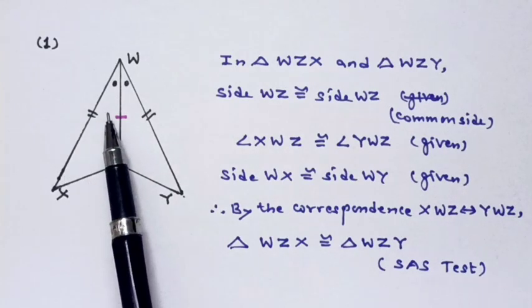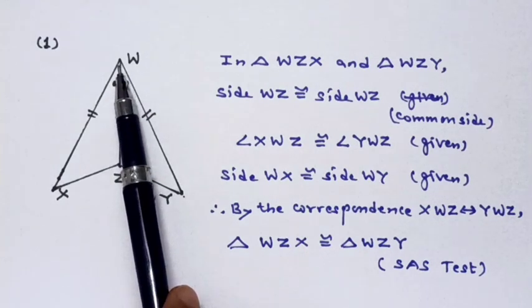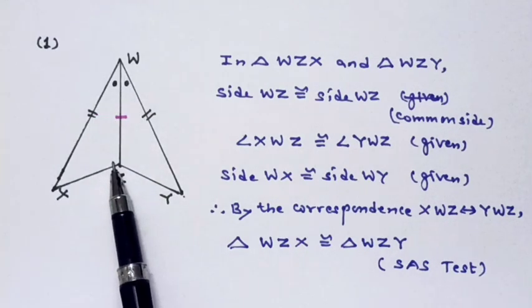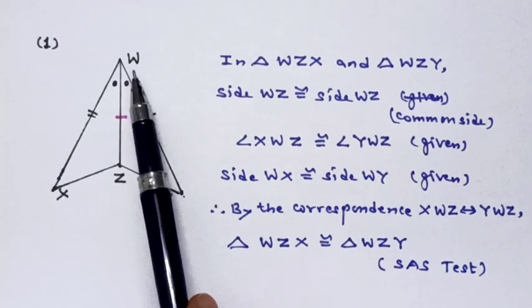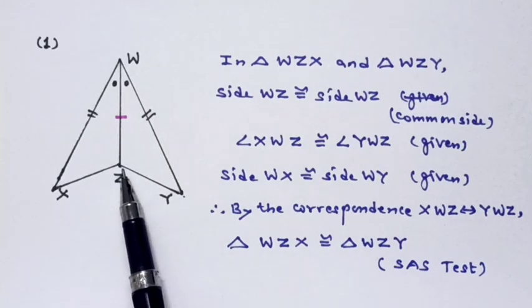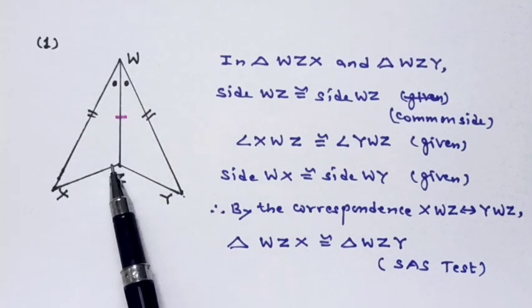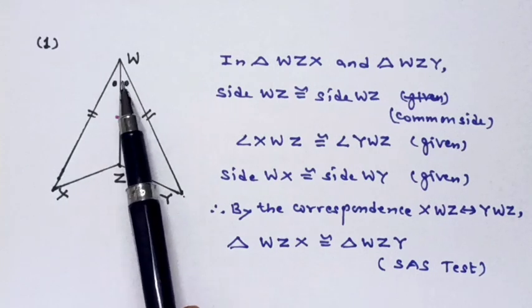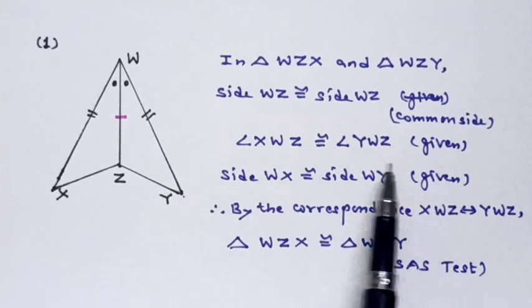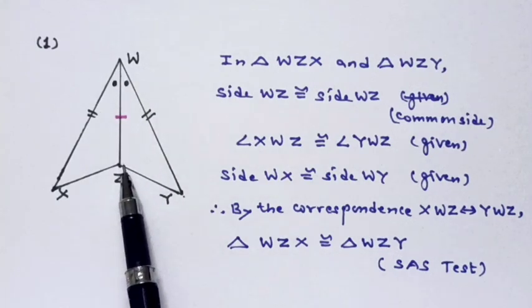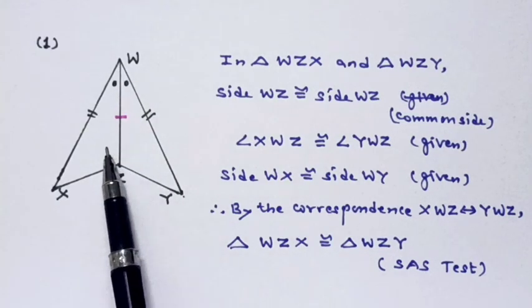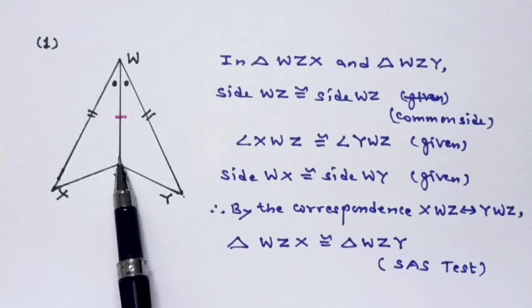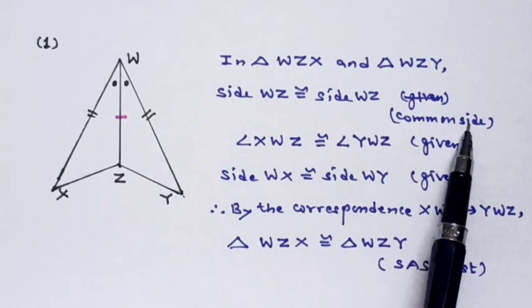So just write, in triangle WXZ and triangle WYZ. See how I'm doing. So there are two triangles, WXZ and WYZ. Now side WX is congruent to side WY. Now this side WZ is common to both triangles. So side WZ is congruent to side WZ, common side.